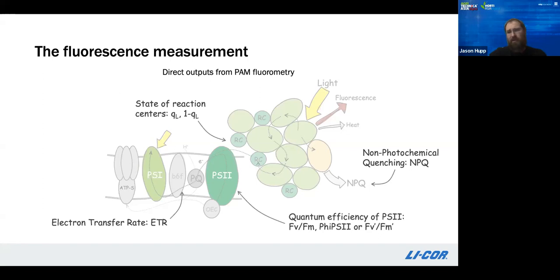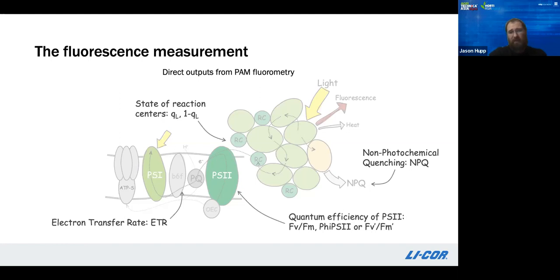And then we measure things like NPQ, so we can estimate non-photochemical quenching. Like I said earlier, this is a process that's used to regulate the outputs of the electron transport chain. It's a process that's upregulated in response to stress or in response to excess light. We can make estimates of the state of the reaction centers. So this parameter qL tells us the fraction of open reaction centers, or 1 minus qL, which tells us the fraction of closed reaction centers.